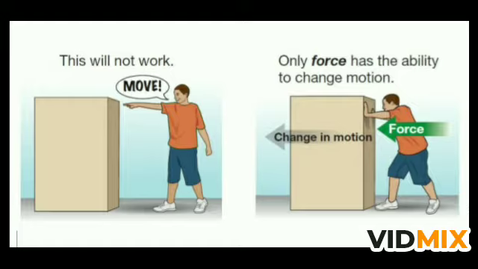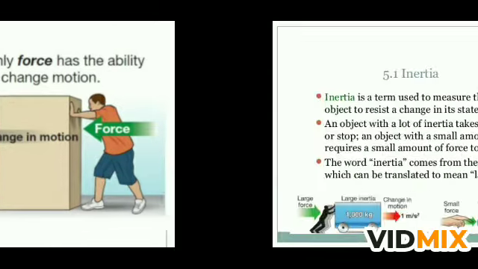Why did it happen? Because only force has the ability to change the motion. So when the boy applies force on the object, the body starts to move, changing its state of motion from rest to motion. Earlier it was at rest, and after applying the force it starts moving, meaning rest changes to motion.